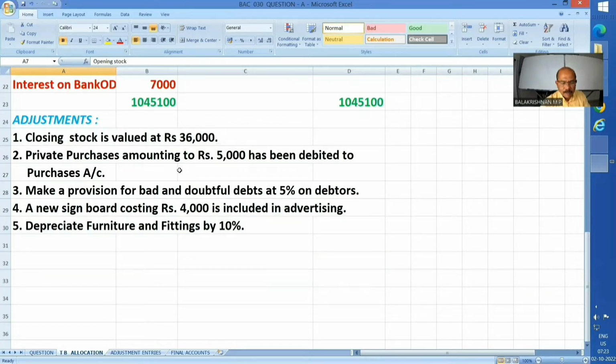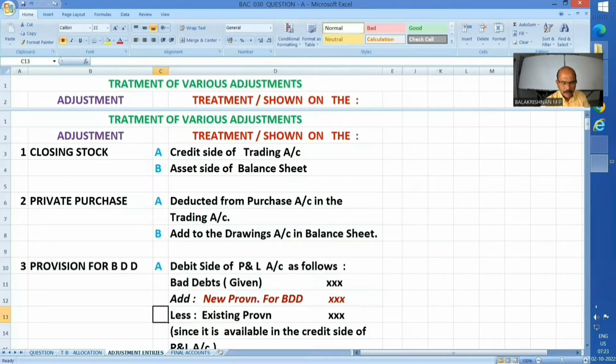Private purchases amounting to rupees 5,000 have been debited to purchase account. I already explained in my last episode, any removal of purchased goods for a non-trading, non-selling purpose has to be outright reduced from the purchases. Then only we will be able to get the proper cost of the goods.